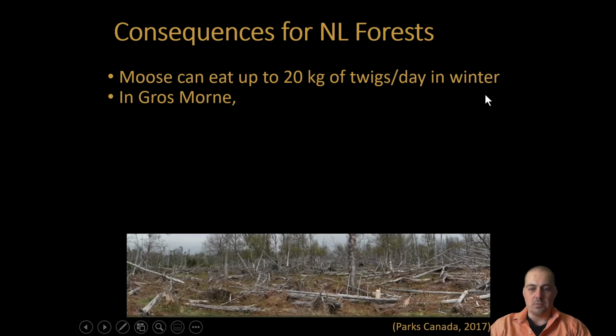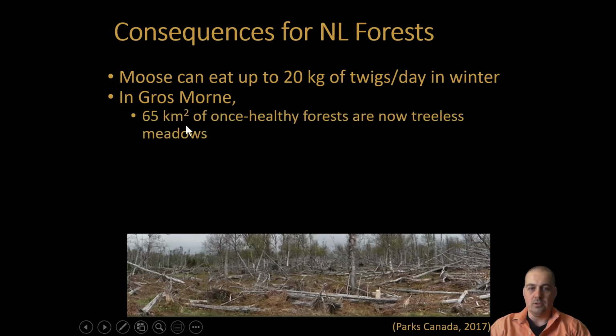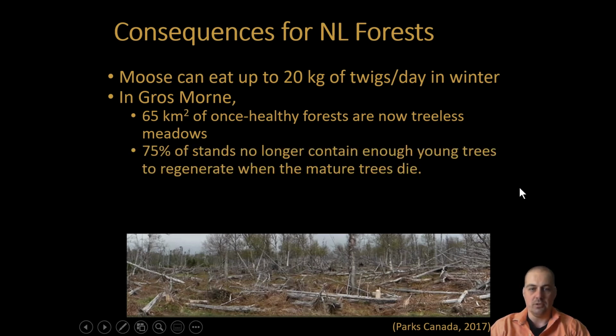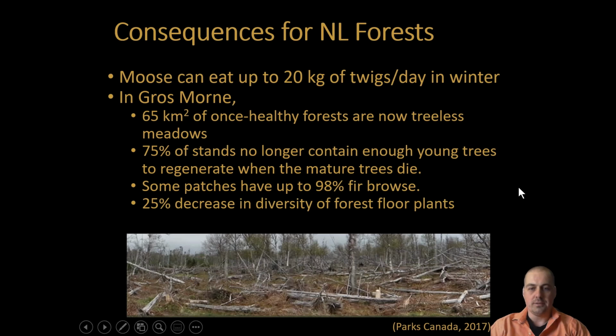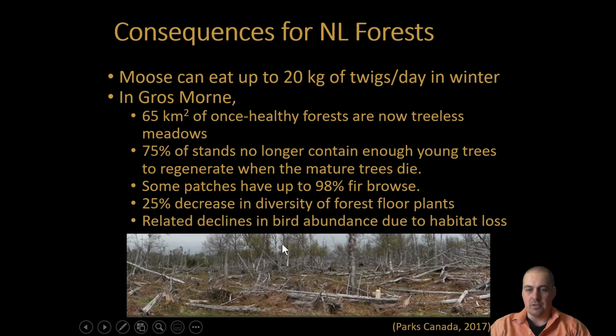So in Gros Morne specifically, there was a huge area that was once healthy forest, which is now treeless meadows. 75% of the stands no longer contain enough young trees to regenerate once the mature trees die. Some patches are being completely eaten, and with the reduction of fir trees, you get a 25% decrease in the diversity of forest floor plants, and there are also related declines in bird abundance due to habitat loss.